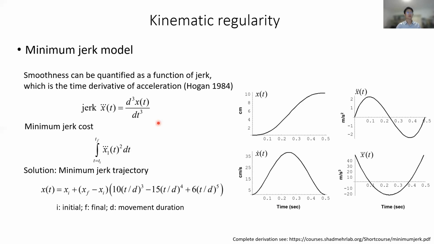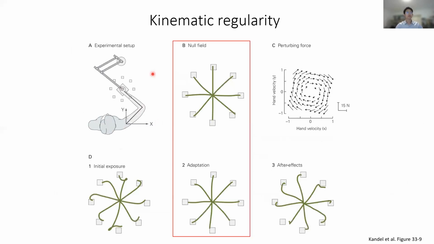So let's look at another case, which is more complex. Here we still have this setup, as you remember, the robot manipulandum. But in the robot, they have these two joints, with two torque motors that they can program such that they can apply a certain force at the handle.